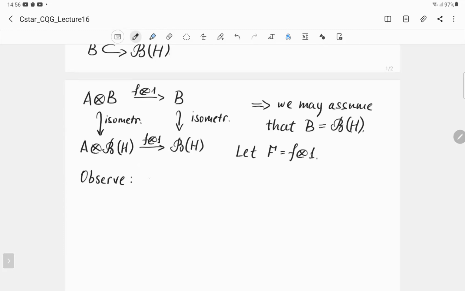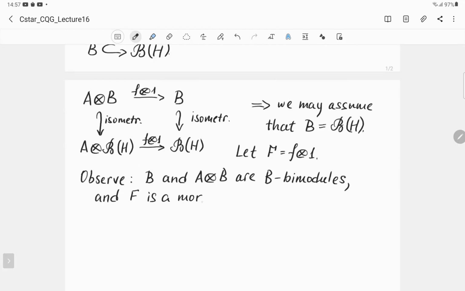First of all, both B and A tensor B are B bimodules in a natural way. So B acts just by multiplication on the left and on the right. And let's also observe that F is a morphism of B bimodules.